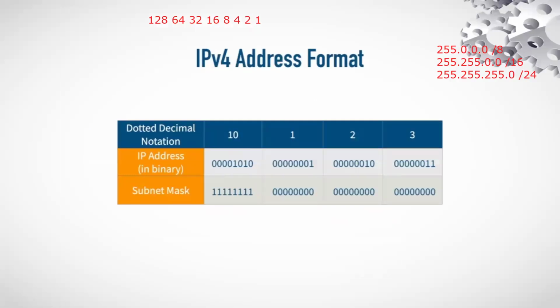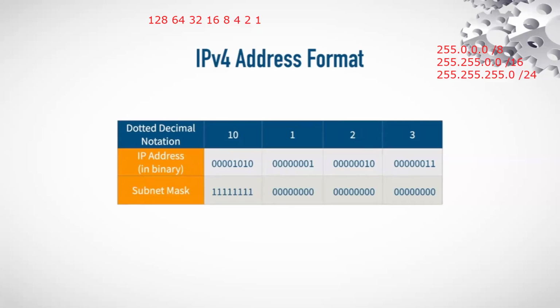Now, we understood the binary conversion, right? We understood how we convert a number into binary and binary into a number. Let's try to understand what happens in your real world environment. Our binary number is 10.1.2.3. Here we gave 00001010, and 1, 2, and 3 according to that, right?